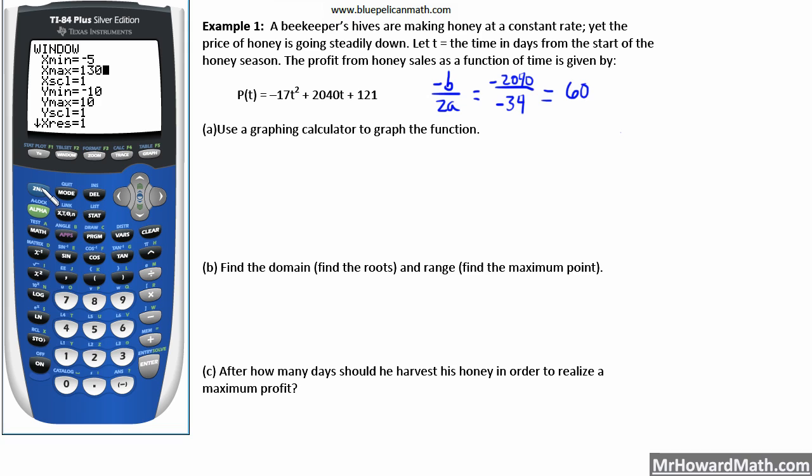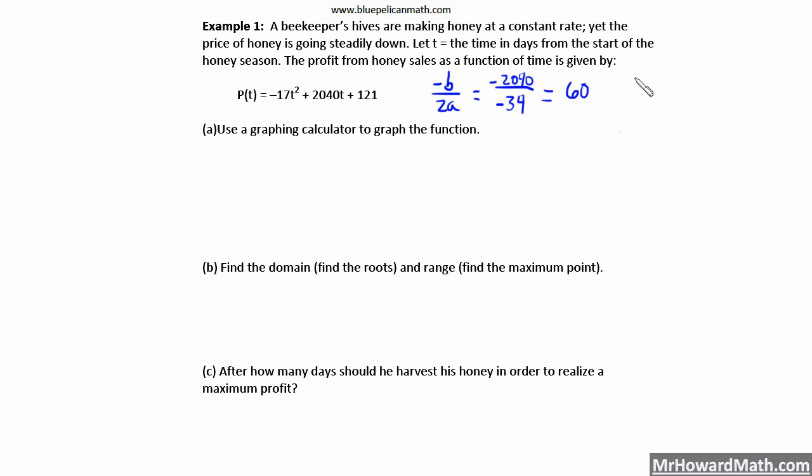Just go to our table set, second window, and let's jump to a t value of 60 in our table, and see what the y value is, and that's 61,321.